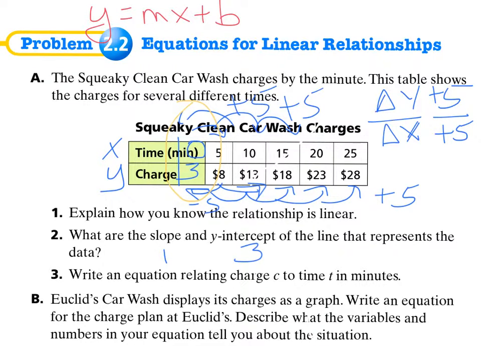I'm going to use c for my dependent variable instead of y, so it would say c, or charge, equals, and the slope being 1, I would just put a 1 times the x, but the x value will be t because that's the independent variable, and then I add b, the y-intercept, which is 3. So our equation is c equals 1t plus 3, or students could simply write c equals t plus 3, as we don't need the 1 in front of the t necessarily.